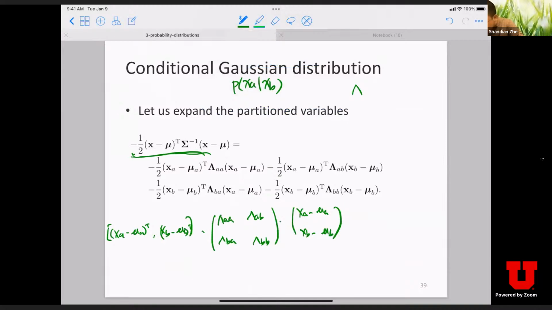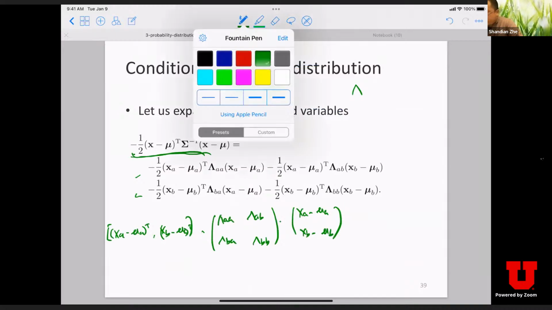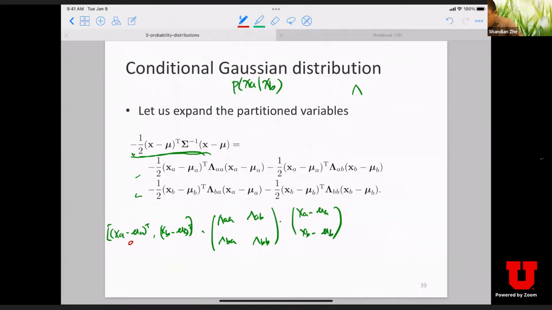Now the partitioned version of this quadratic form can be written in this way, and then we just expand it. We get 4 terms. XA minus mu A transpose lambda AA, and then XA minus mu A. This is the first term.